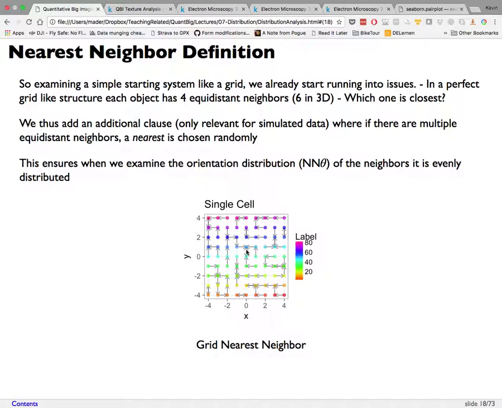For this red point here, the nearest neighbor is this orange point there. For this orange point, the nearest neighbor could be this one, but happens to be this one because there's not a very clearly defined way of dealing with points that are exactly the same distance away from each other. But we see that the nearest neighbor distance is fairly consistent, whether it's going to the left or to the right.